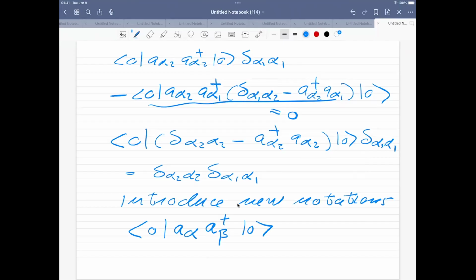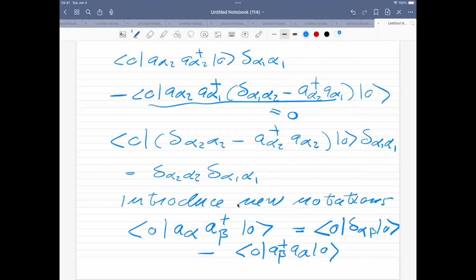If you look at this, when I use the anti-commutation relations, this is now given by the vacuum expectation value: 0 delta alpha beta 0 minus 0 of A beta A alpha, like that.